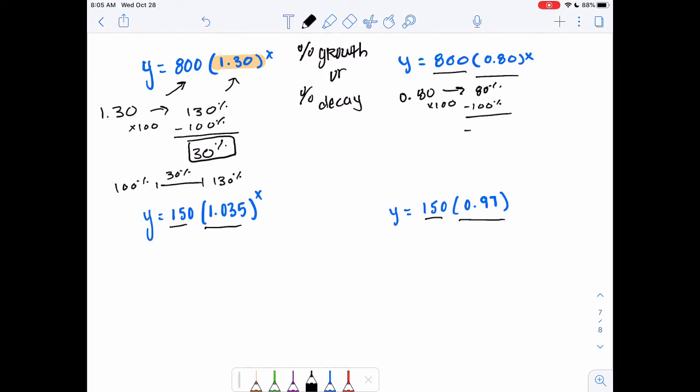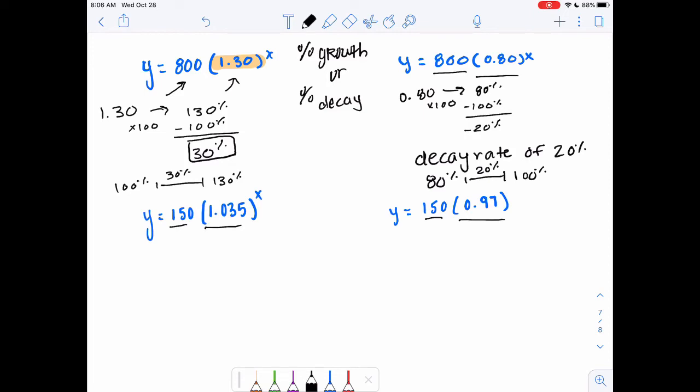I see I get a result of negative 20%. That just means it's a decay rate of 20%, because 80% and 100% are 20 apart.